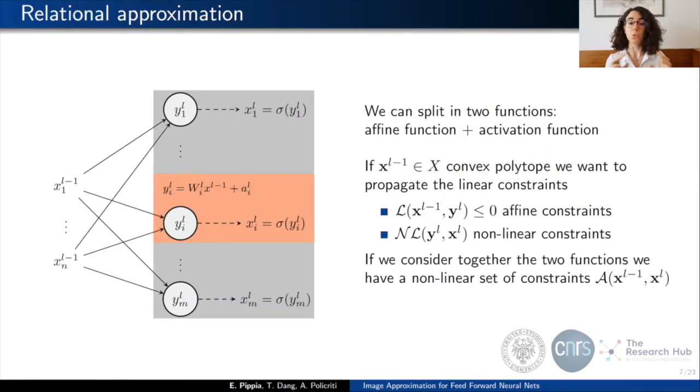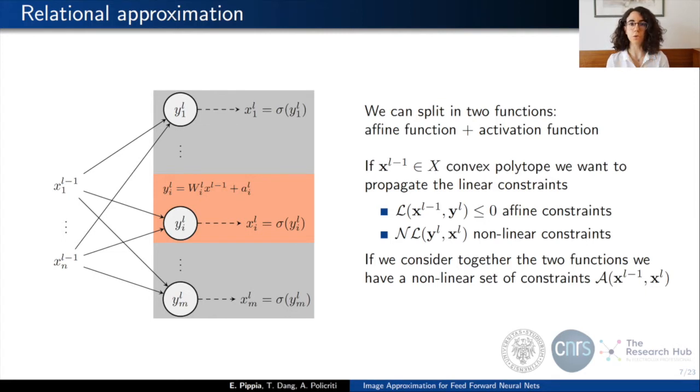So in general, we can split the two functions, the affine one and the nonlinear one, and if the values at the previous layer, x^(L-1), are in a set that is defined by linear constraints, so a convex polytope, for example, this constraint must be propagated through the layer of the network.